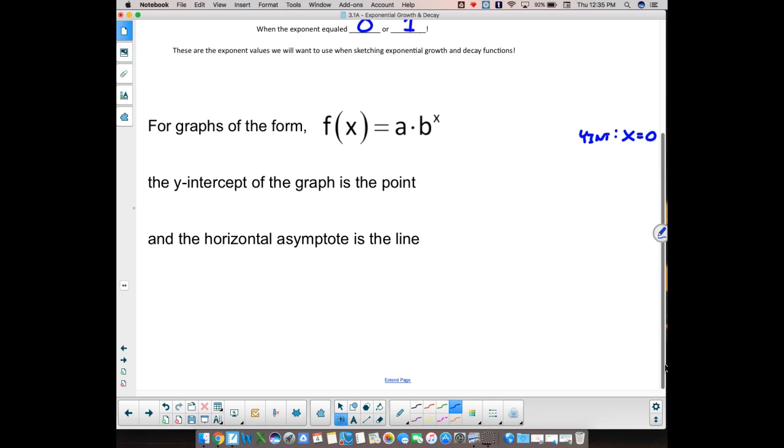So the value of this function is a when x is 0. So my y-intercept is at the point 0, comma a.